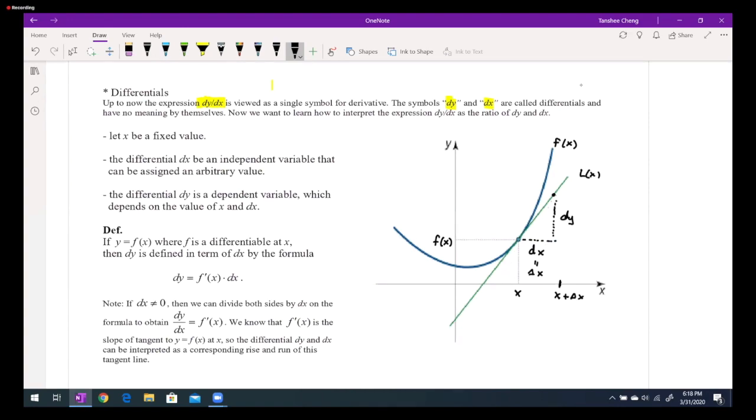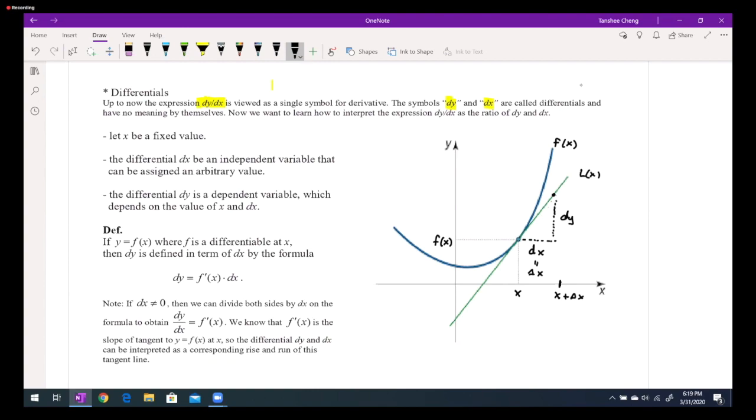Now the slope of the tangent line can be interpreted as dy over dx, where dy is a value and dx is a value. When we talk about differentials, if y is a function of x, where f is differentiable at x, meaning this function is differentiable at a particular x, then the formula for the differential of y is given by f prime of x times dx.